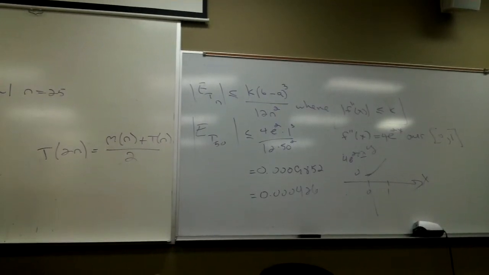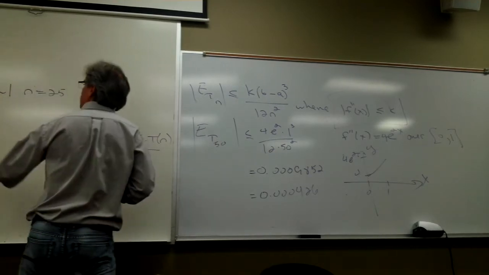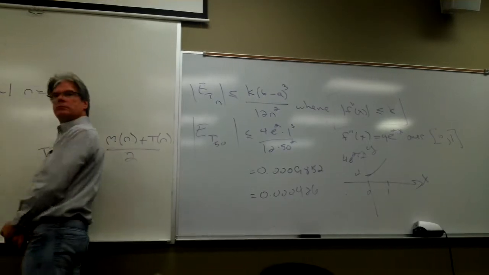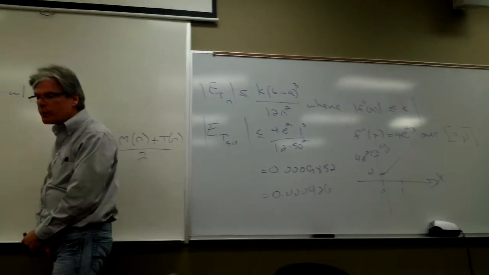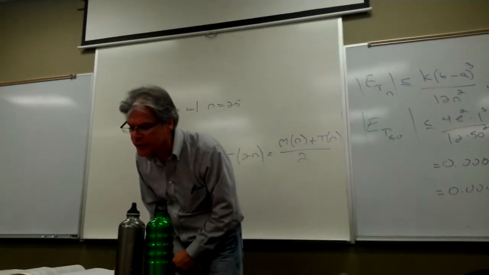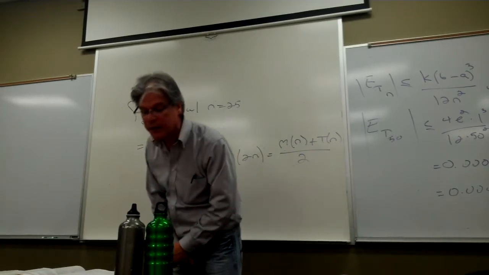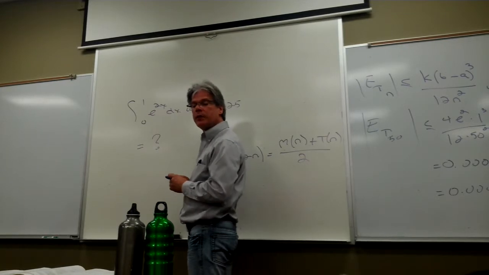Looking at his English, I think that's exactly what he's asking. When I read it, I was thinking, come up with an upper bound for the error in using the trapezoidal rule. But he's actually asking to compute the absolute error. So what he really wants you to do is evaluate this integral and come up with some number, call it question mark. Somewhere else in this exercise, he asked us to actually use the trapezoidal rule, I think in part A, with n and 2n subintervals.